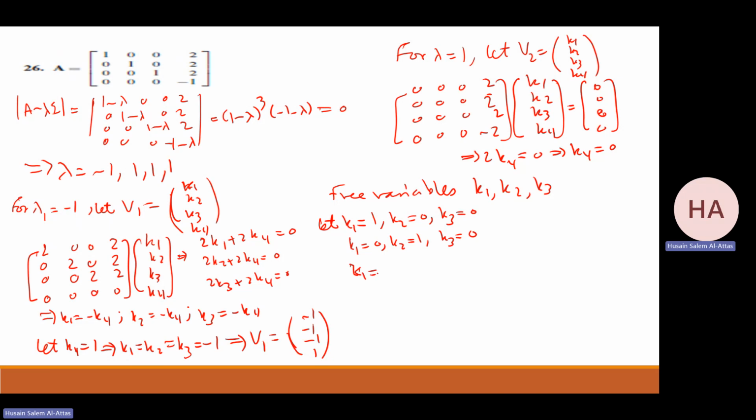Then K1 equal 0, K2 equal 0, K3 equal 1. To be sure I have linearly independent eigenvectors: V2, K4 is always 0, so it will be 1, 0, 0, 0. V3, 0, 1, 0, 0. V4, 0, 0, 1, 0. So I have 4 eigenvectors, so A is diagonalizable.